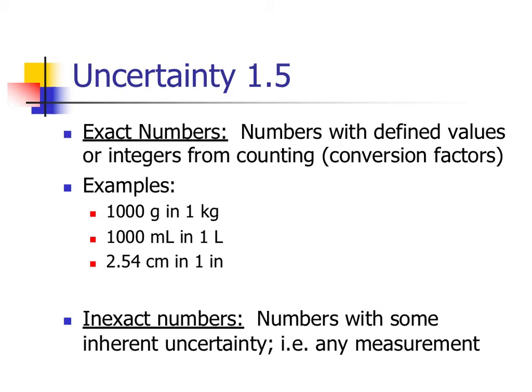Inexact numbers are measurements that you make in the lab. In the density lab that we did in class, you would know that your length or your width was measured in centimeters. It was not an exact number. It is inexact.